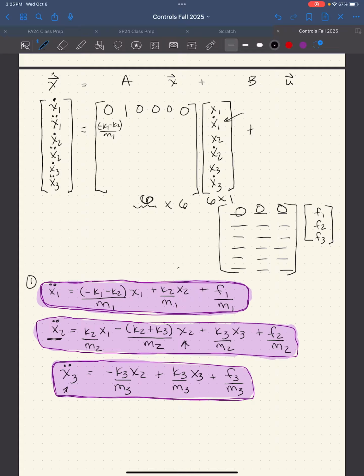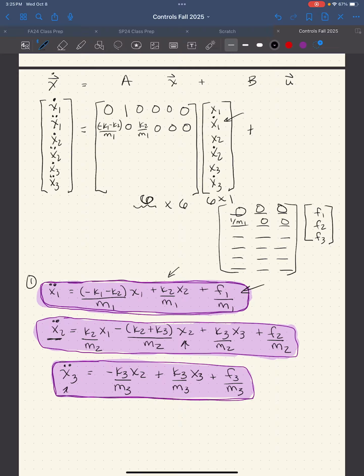We don't have any X1 dots in this equation, so that's going to be 0. We have stuff multiplied by X2 though. That's K2 over M1. No X2 dots, no X3s, no X3 dots. So 0, 0, 0. We do have a 1 over M1 multiplied by F1. So this needs to be 1 over M1, 0, 0.